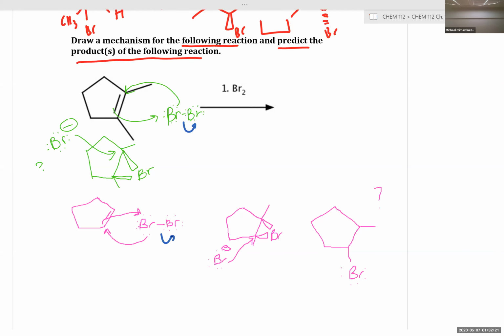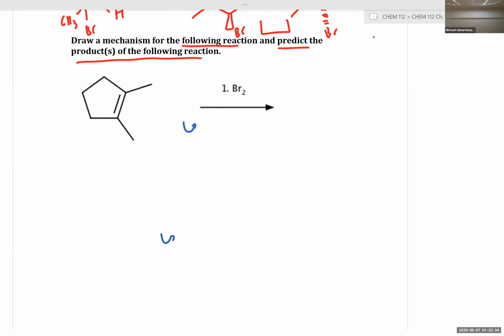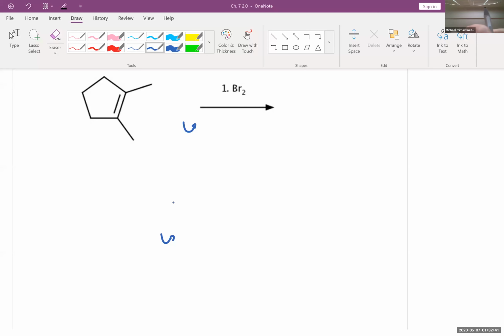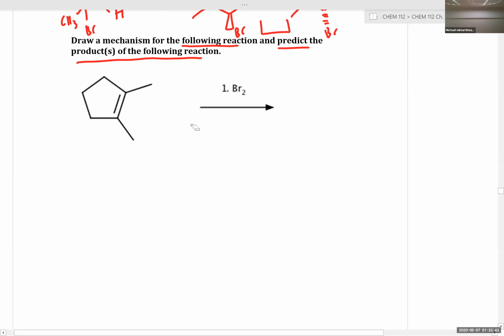So I notice everyone's getting a little bit stuck assigning the stereochemistry. That's okay. Let's talk about this and let's use our model to help us out. So we're going to now entertain multiple possibilities for the addition.